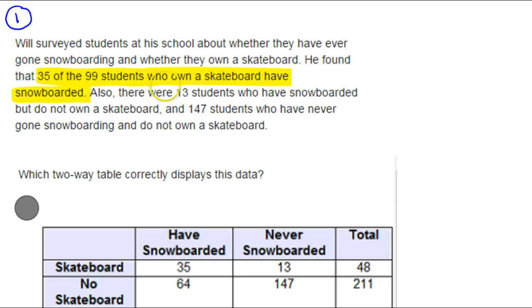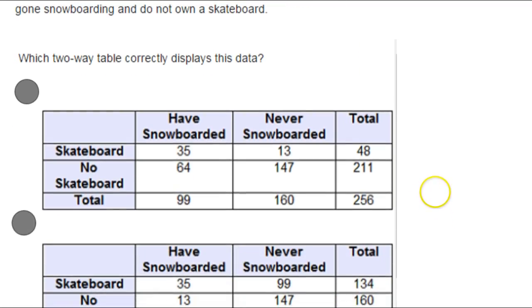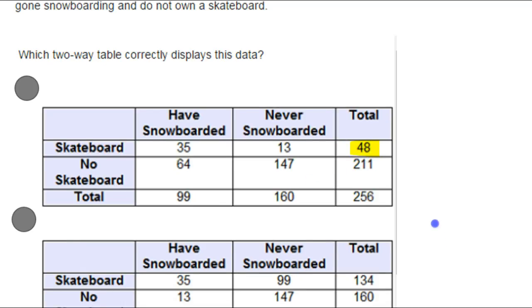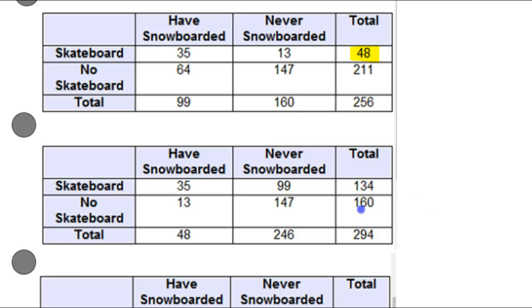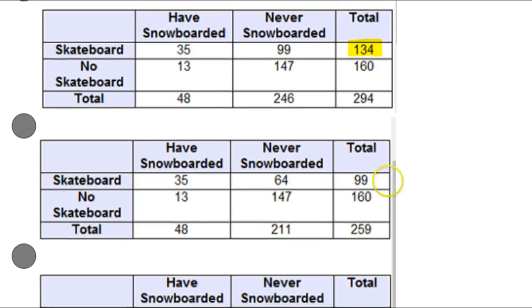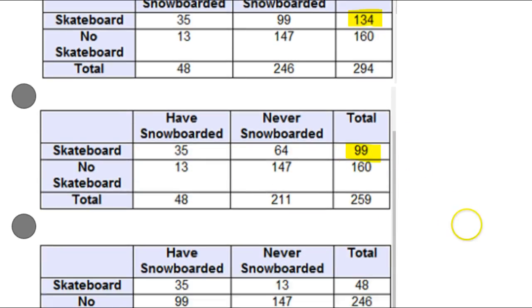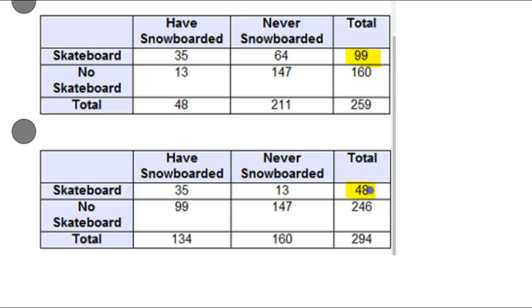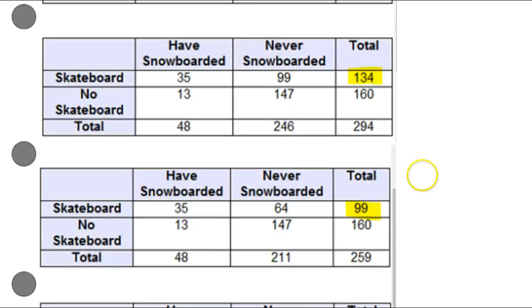So 99 students own a skateboard. The top chart says 48 students own a skateboard. This next one says 134 students own a skateboard. The next one says 99, and the next one says 48.